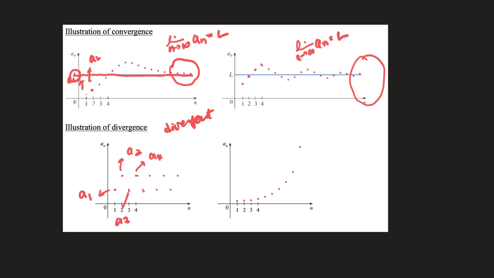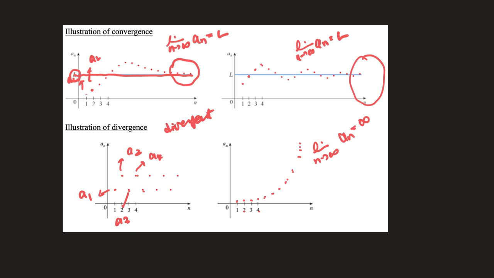Another great example of divergence is A1 is here, A2 is here, A3 here, A4, but the value of the sequence is increasing. In this case, we write that it approaches infinity. This AN sequence behavior is getting increasing. That's going to be infinity. Those are the two divergent cases, okay?